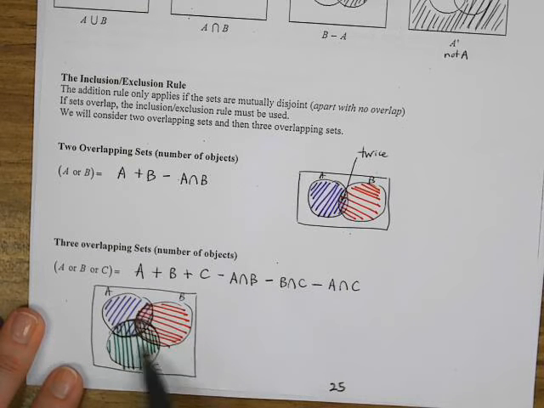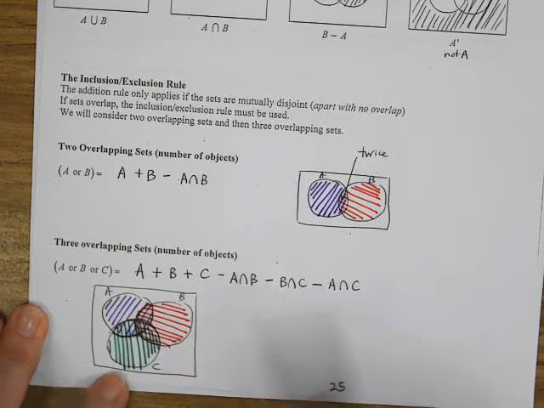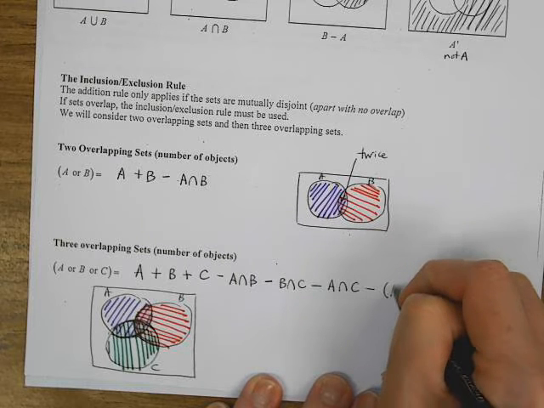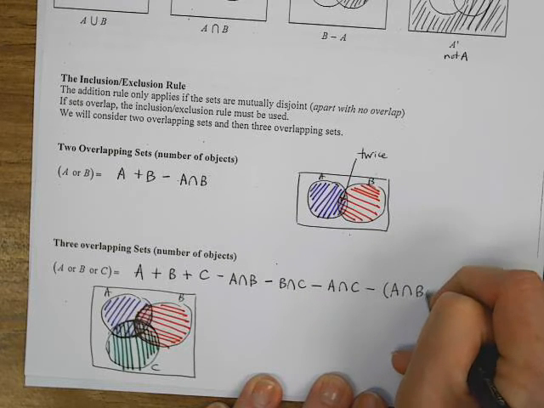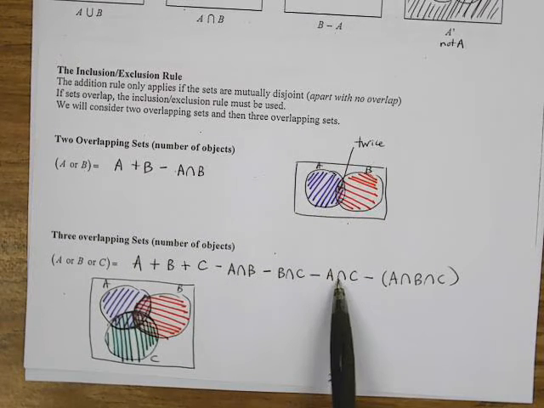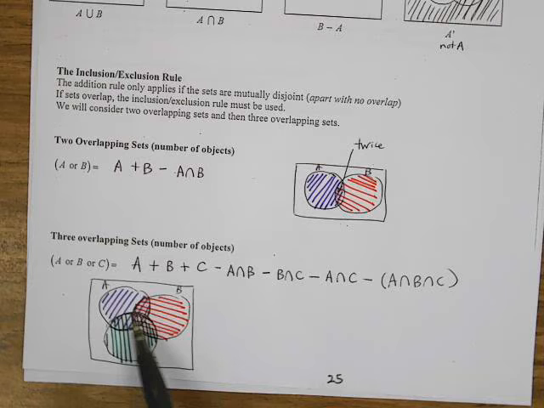So now I'm getting rid of A and C, which means I get rid of it again. So now I've gotten rid of it too many times, right? So what I have to do is add back in an A intersect B intersect C, because what happens is when I remove this, I remove it, and I end up with nothing there in the middle.